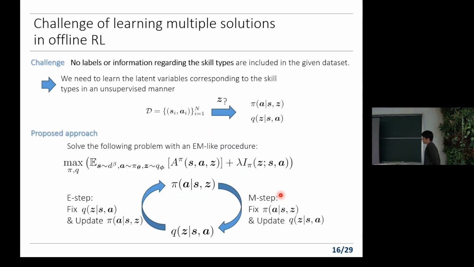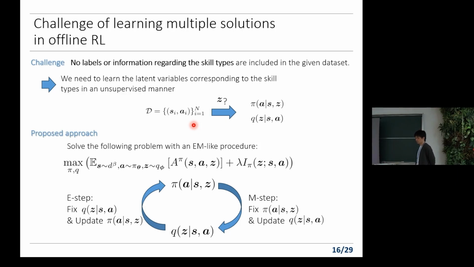Actually, it's not so easy to extend this framework to the offline reinforcement learning setting. In the offline setting, we do not have information about the latent variable or skill type, so we need to learn it in an unsupervised manner. We developed an algorithm that is analogous to EM algorithms.